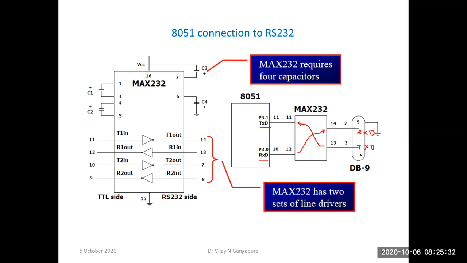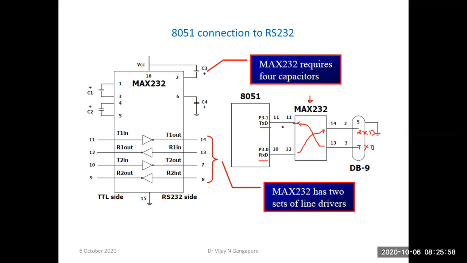Similarly, from the RS232 port, it will receive data on pin 13, which is connected to the TXD pin of the RS232 port, where the logic levels are RS232 logic levels. It will convert these to TTL, and put that data on pin number 11, which is connected to TXD. In this way MAX232 acts as a voltage converter.